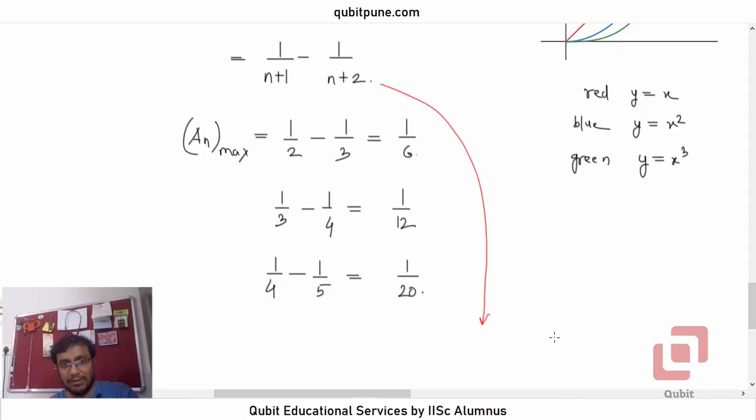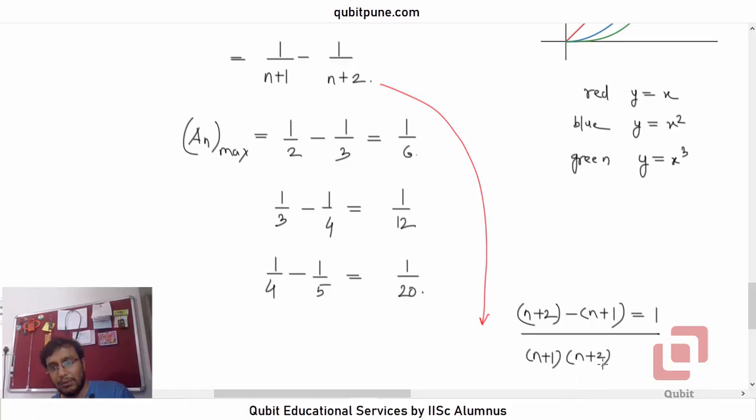Okay, well, we could have simplified this further as well. It is n plus 2 minus n plus 1, that is essentially 1 upon n plus 1 into n plus 2. Now when can this be maximum? It will be maximum when the denominator is minimum, that is when the value of n is the smallest.